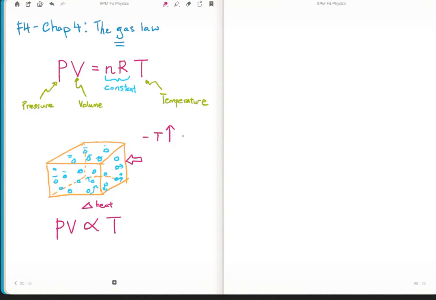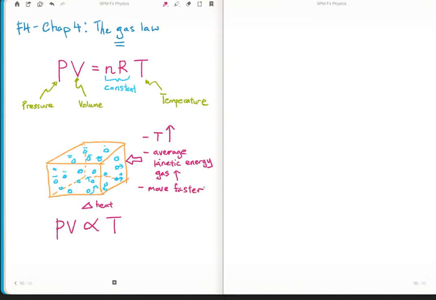What happens when the temperature increases? As you have seen from my previous video, the average, the keyword, the average kinetic energy of the gas increases. You provide heat, temperature increases, and the average kinetic energy of the gas increases. What happens when the kinetic energy of the gas increases? Those particles move faster.